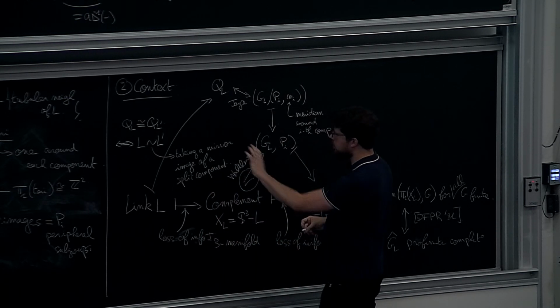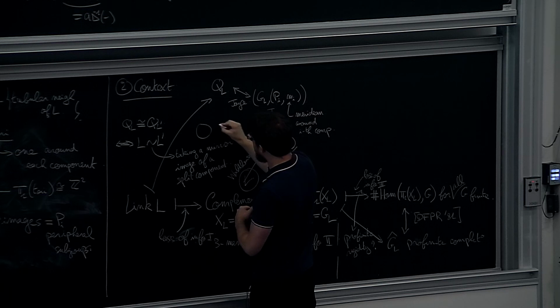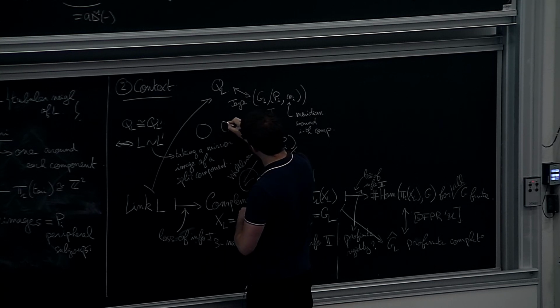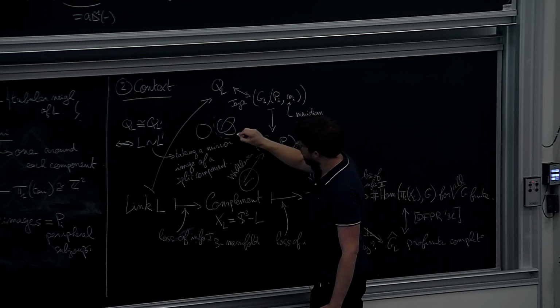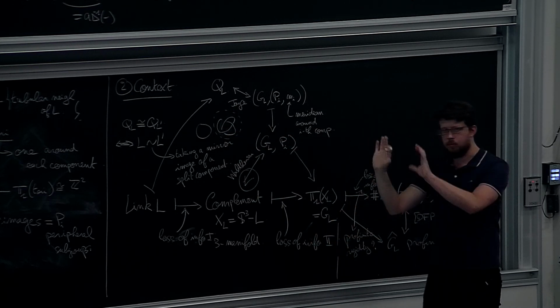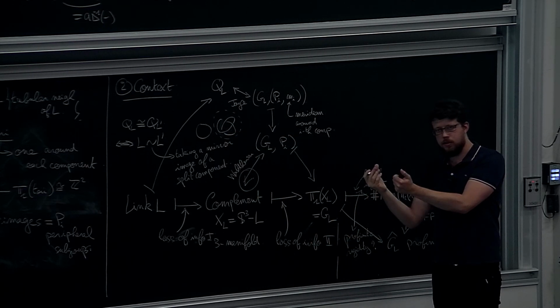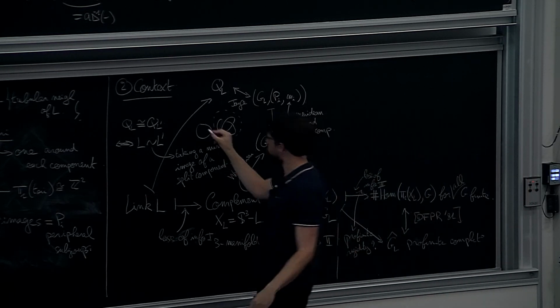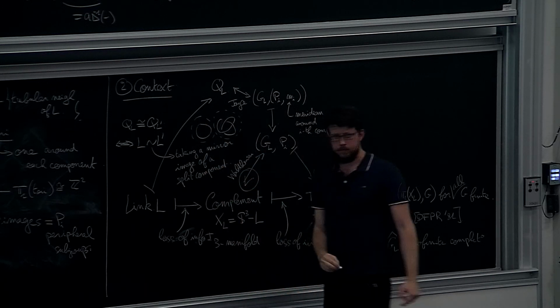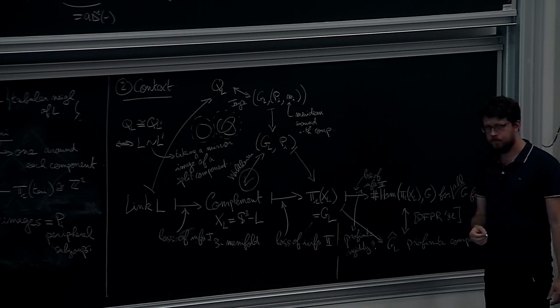What I mean by that is if I have a link, and I can draw spheres around a part of the link, then I can take the mirror image of just that and keep the other parts still. Okay.